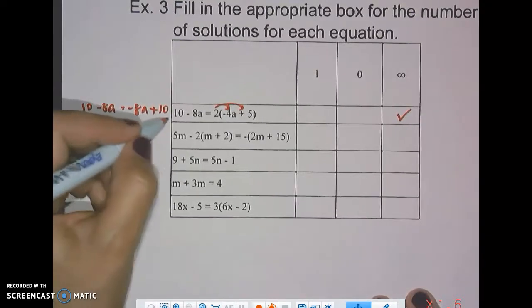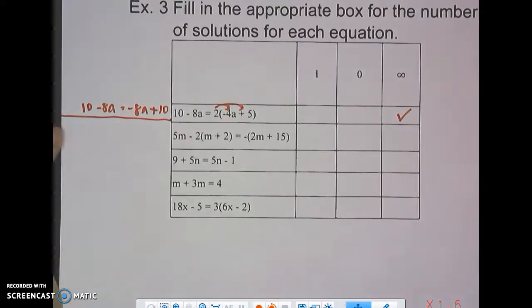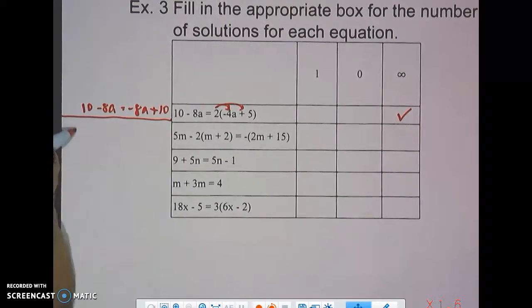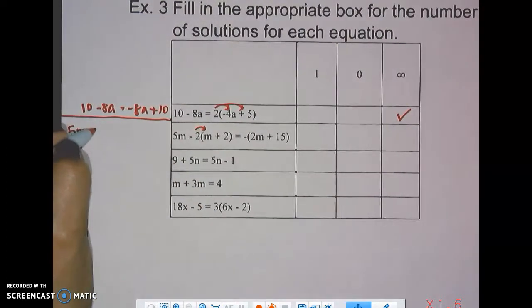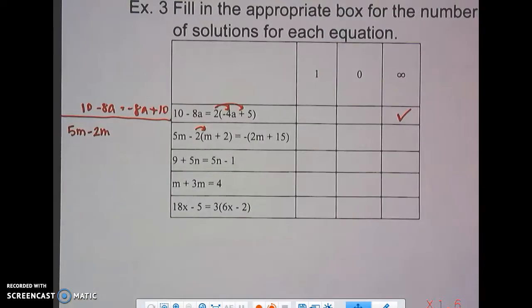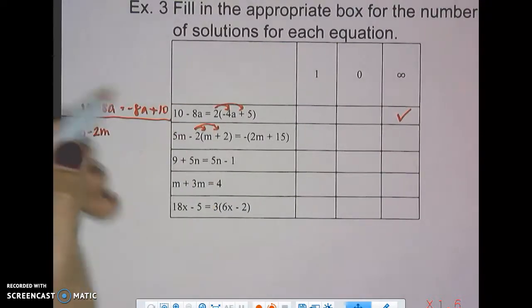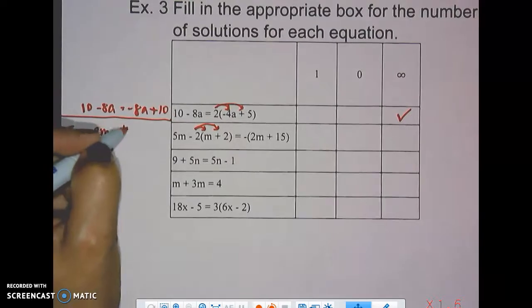All right, next one down. We have 5m minus 2 times the quantity m plus 2 equals negative times the quantity 2m plus 15. So on the left-hand side, we're going to work on distributing that in. So negative 2 times m is negative 2m, and negative 2 times 2 is negative 4.